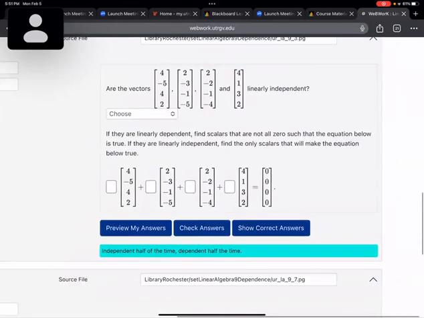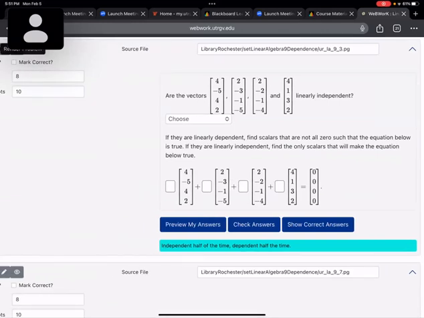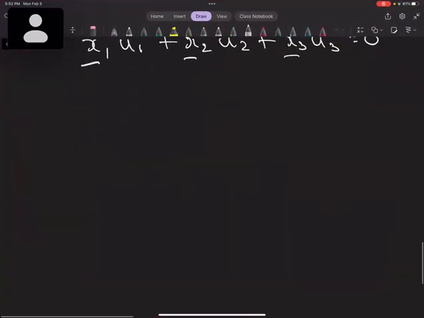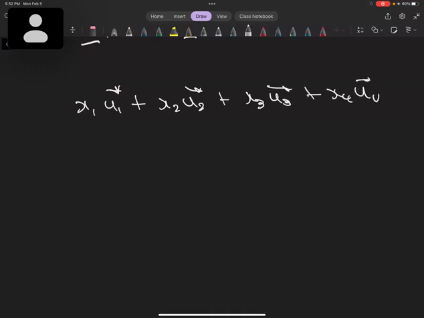Okay. So let's say this one is u1, u2, u3, u4, you just set it up the same way. You make it x1 u1 plus x2 u2 plus x3 u3 plus x4 u4, and make it equal to 0 and see if x1, x2, x3, x4 are 0.